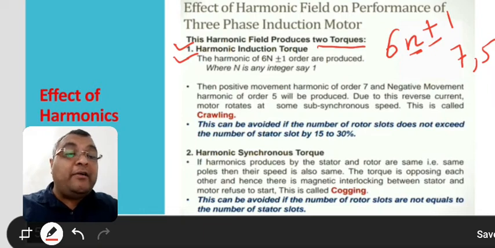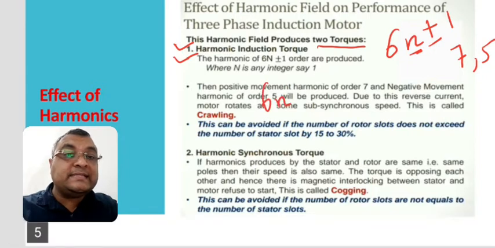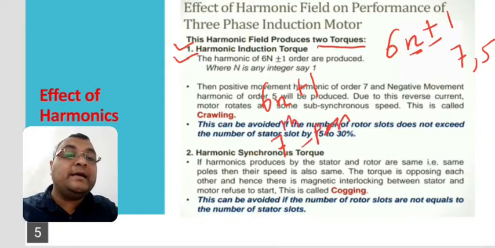Okay, if we consider the positive direction, that means 6n plus 1, so it becomes the 7th order, which we consider a positive order harmonic.